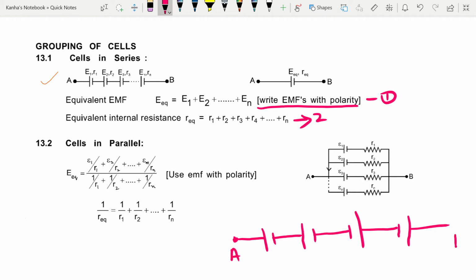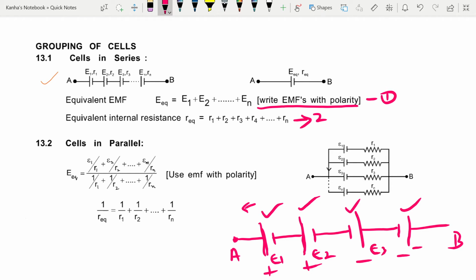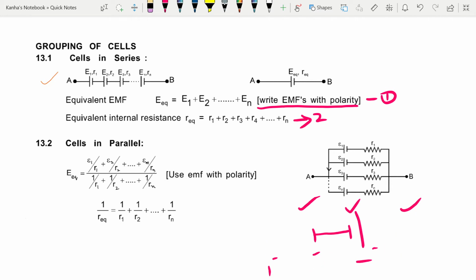If I want to calculate the EMF and I take this to be the direction of the current, then what I mean is these two have the same polarity, let's say positive, and these two have the different polarity, which is negative. So when I add these, I will be adding E1 plus E2 minus E3 minus E4. So these things should be kept in mind. We'll look at plenty of examples to elucidate this.